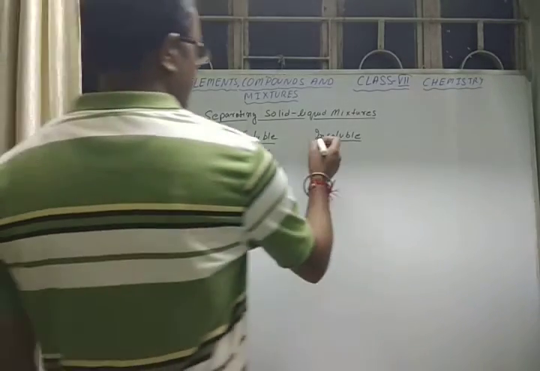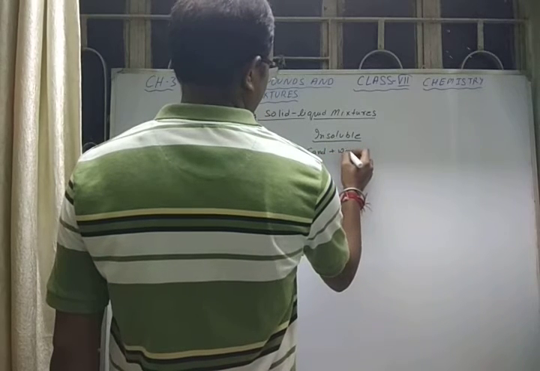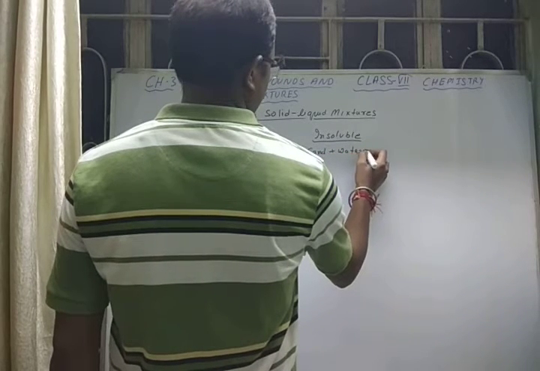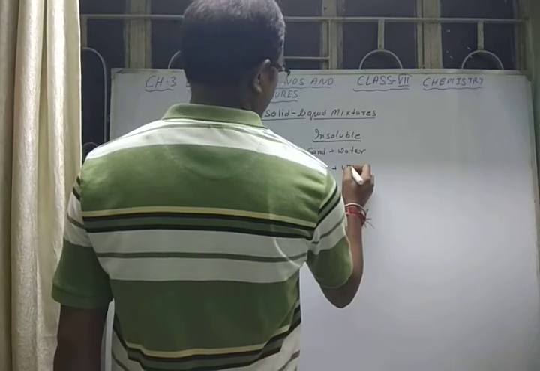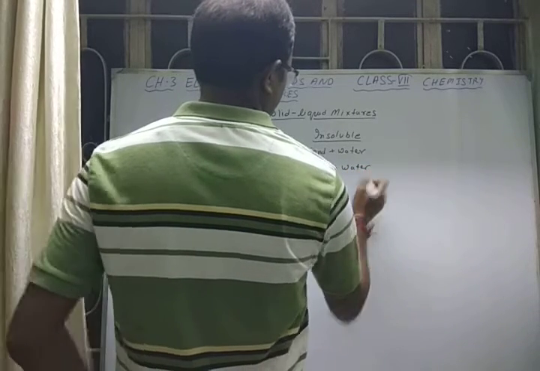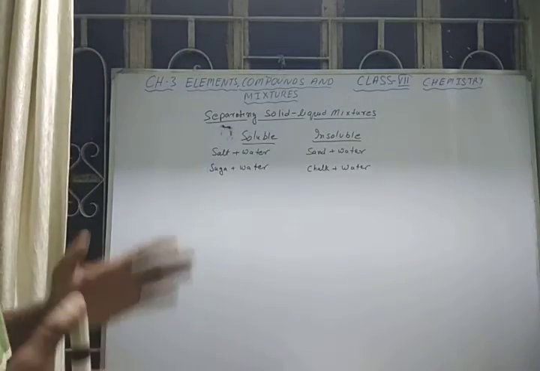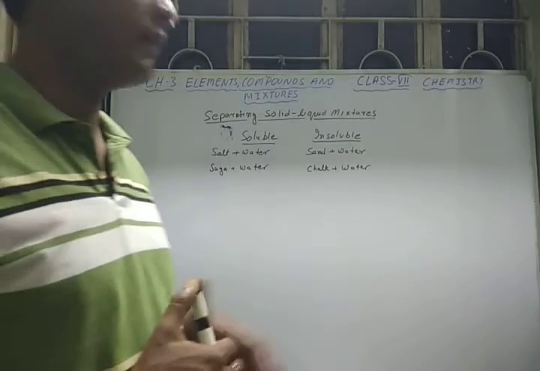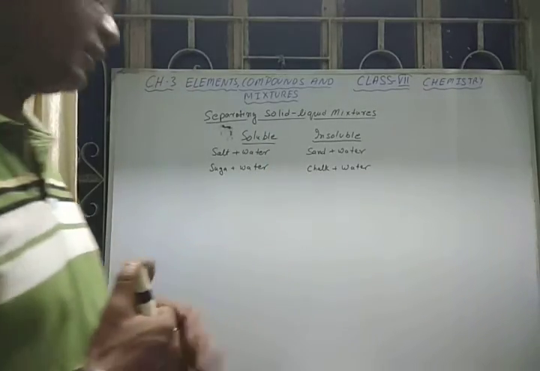But if I take insoluble, then sand and water, then chalk plus water. So these are examples of soluble and insoluble mixtures, and so many more examples are also there. I am just taking the very common type examples so that you can understand the thing.